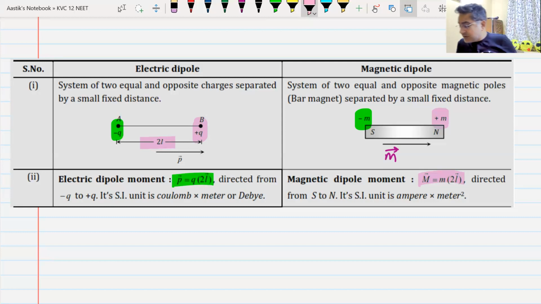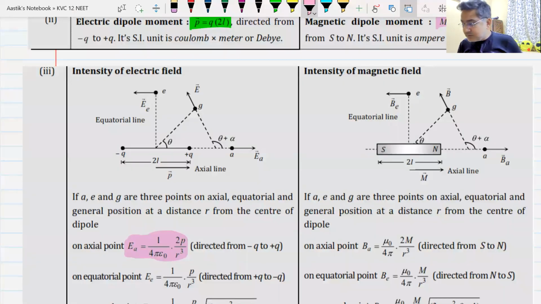So now comes the value of electric field. Electric field at the axial point for electric dipole is given by this formula, 1 by 4 pi epsilon naught, which is k, into 2p divided by r cube. Here it is given by this formula, which is mu naught by 4 pi. In place of 1 by 4 pi epsilon naught, you get mu naught by 4 pi.